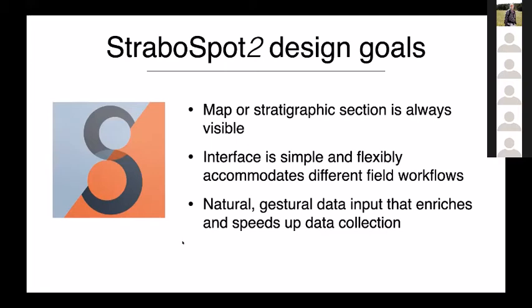And then finally, we're including some better ways to actually collect that data rather than the form input that you see in Strabo 1, which speeds up the data collection. So with that, I'm going to switch over to my iPad.